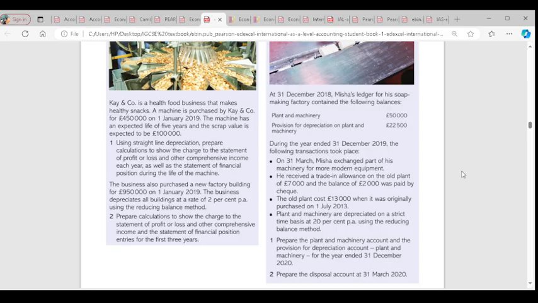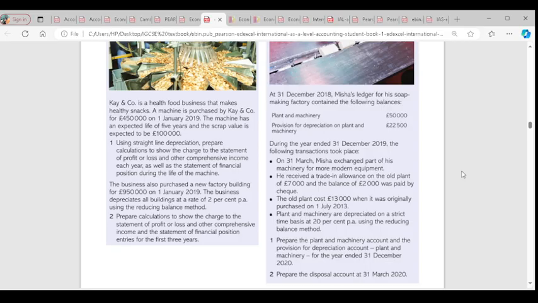Then that means you have made more selling that asset than the carrying value. The cost of the asset was 13,000. So 16,200 minus 13,000 goes to your statement of profit or loss. Your statement of profit or loss will now have 3,200 as profit.